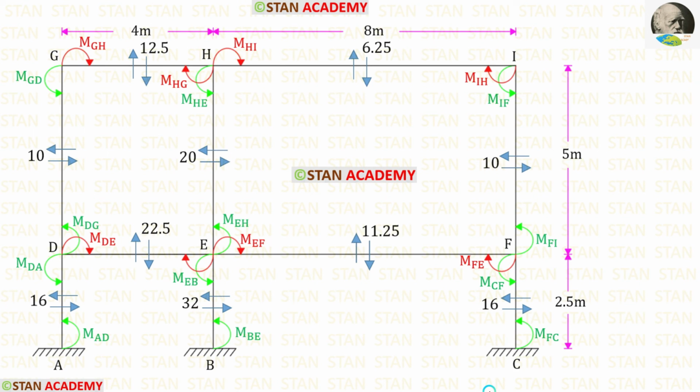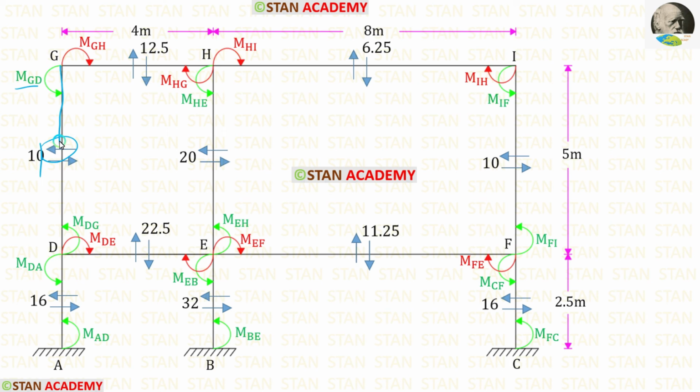Now we are going to find the moments. We can easily find the moments using the shear forces. First, let us take the joint G. In this joint, we have the moments MGD and MGH. To find MGD, we have to multiply the shear force 10 with this distance.